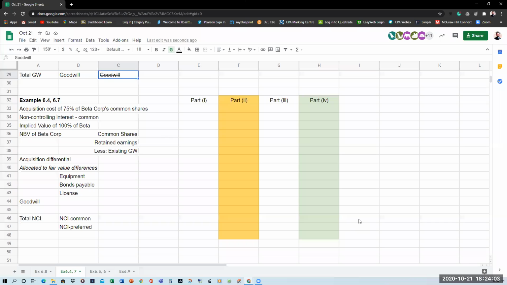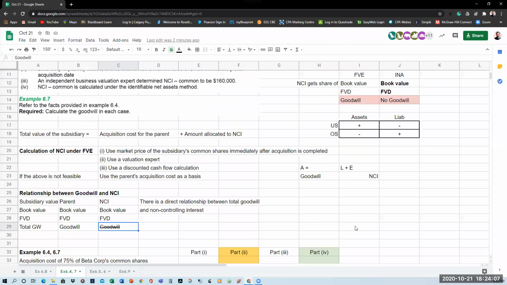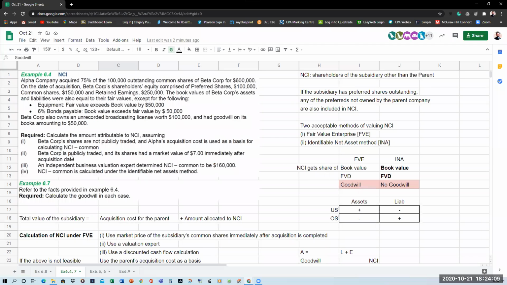So the first thing we are interested in is non-controlling interest in 4 scenarios. We're given information on this company, Alpha Company, acquiring 75% of the 100,000 outstanding common shares of Beta for $600,000.